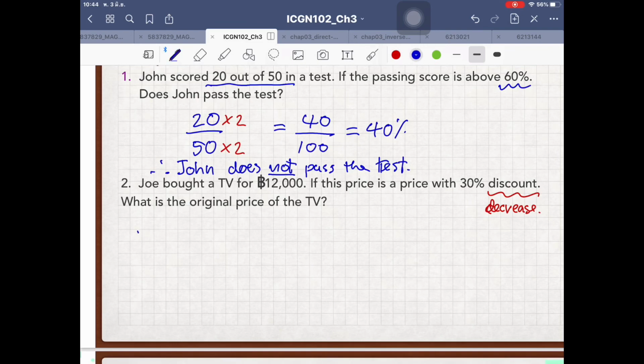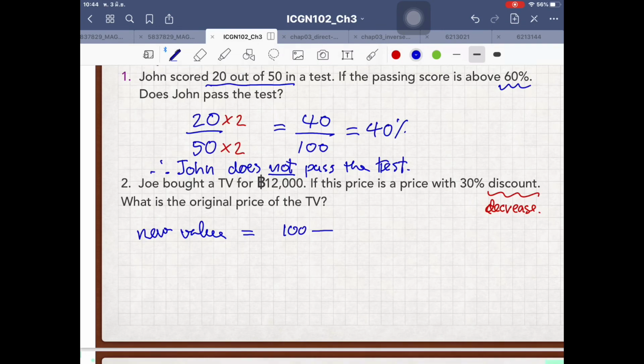All right, and then from the formula, the new value is equal to 100. For the case of percentage decrease, it needs to be a minus sign.